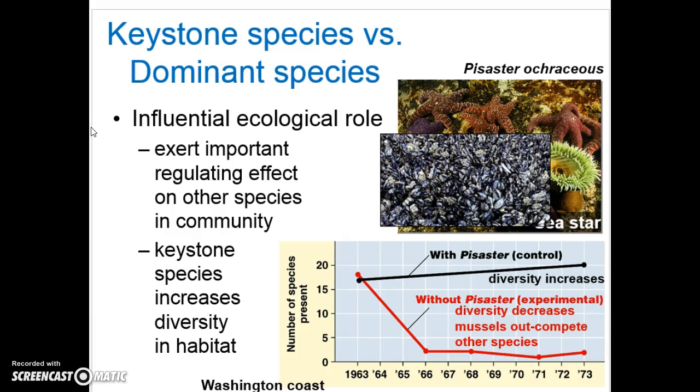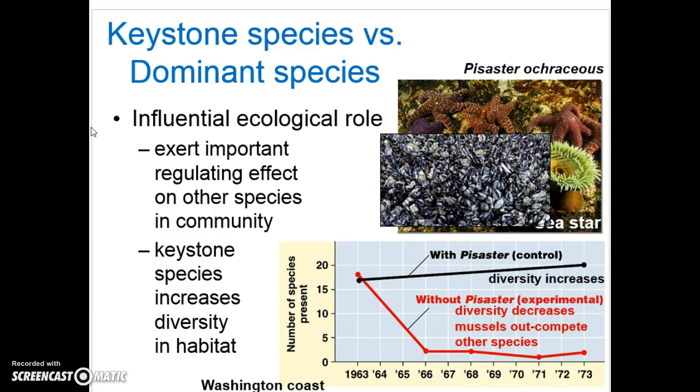So, for example, if the dominant species is a producer of some sort that's supporting all the herbivores, and that species becomes threatened in some way, then that's going to affect every other member of that food chain.